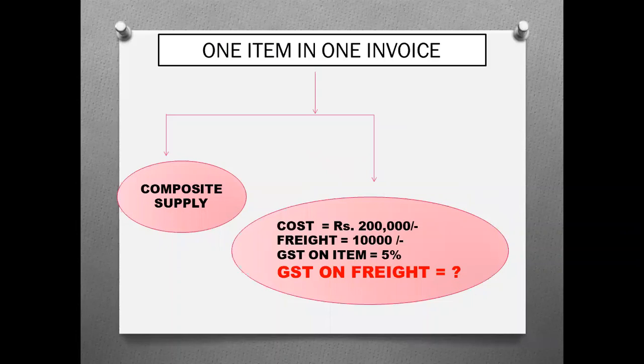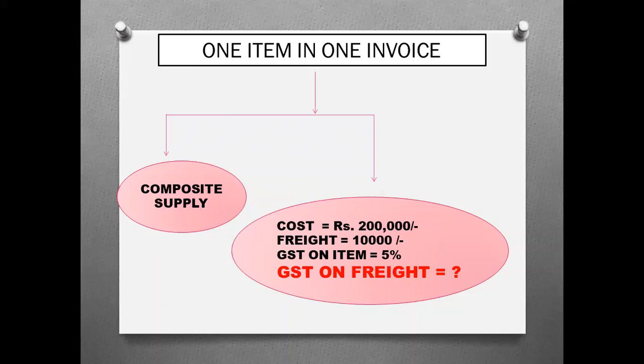Now, let's consider one case, that is, what if the supplier has raised an invoice which consists of only one item and also freight is levied in the same invoice? The question is, what shall be the GST rate on the freight charges in such a case? Let's consider one example as well.